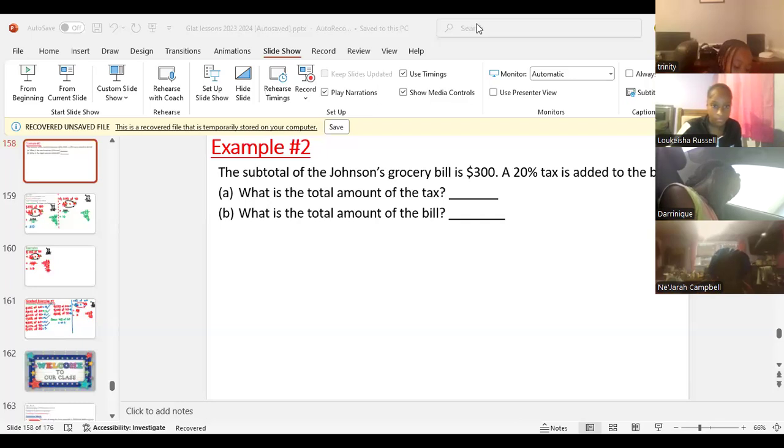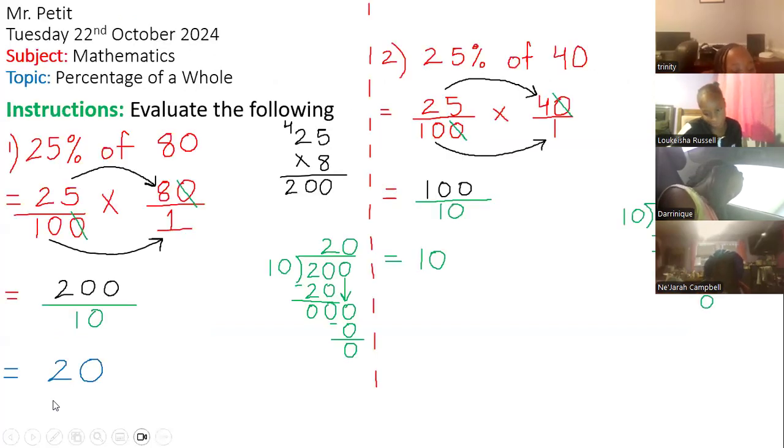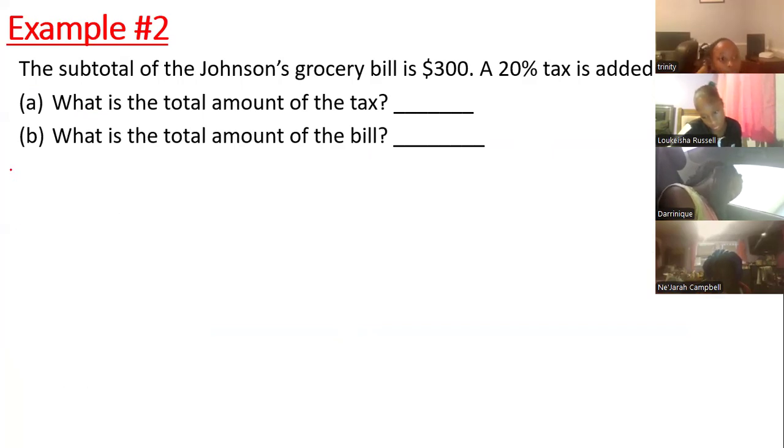All right, so how are we going to do this? I want Trinity to help me. Trinity, we want to figure out what is the total amount of the tax. So that's part A. What is the percentage on the tax, Trinity? 20%.